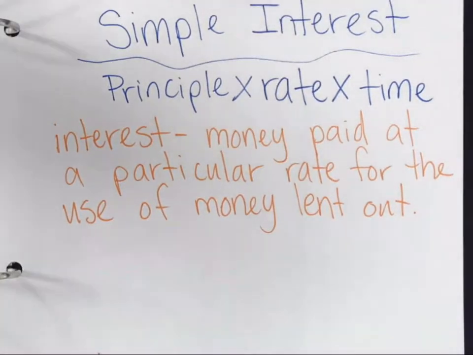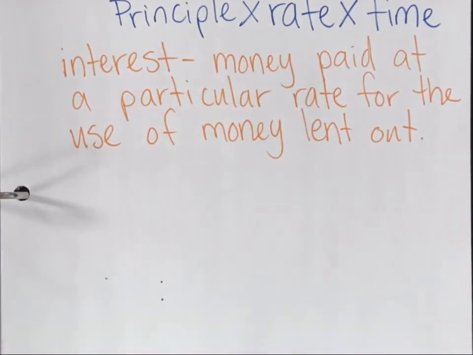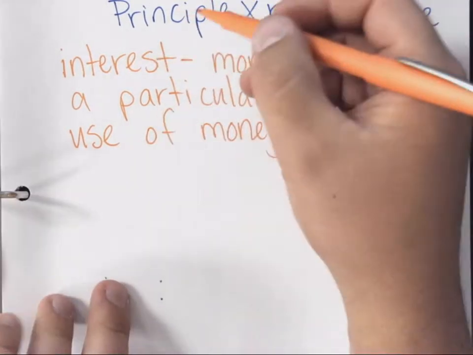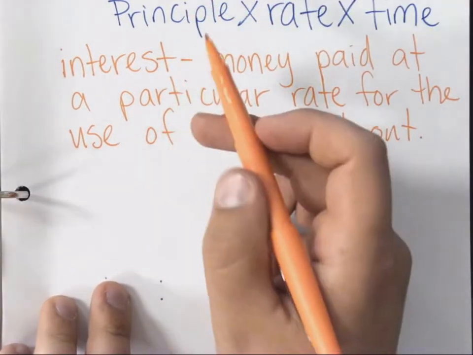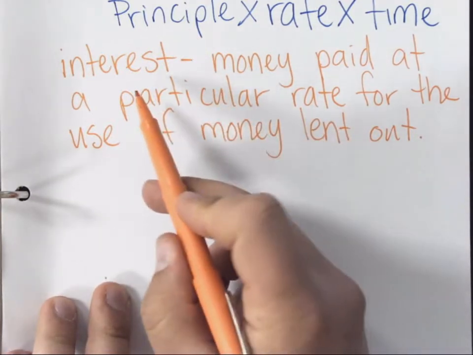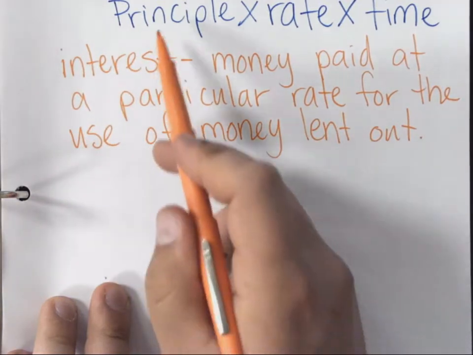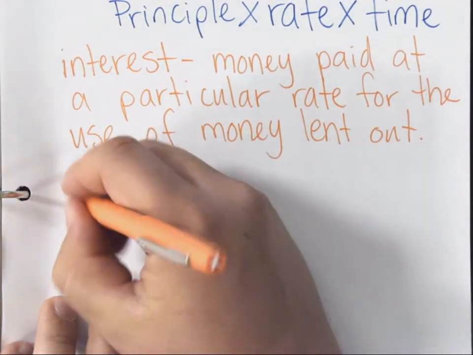So now let's talk about the next word that we need to know, which is principal. The first part of our formula up here is principal. In order for us to find how much interest we will owe, first we need to know what the principal is.